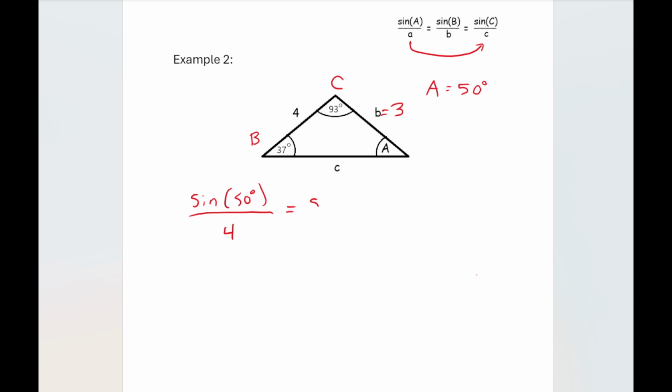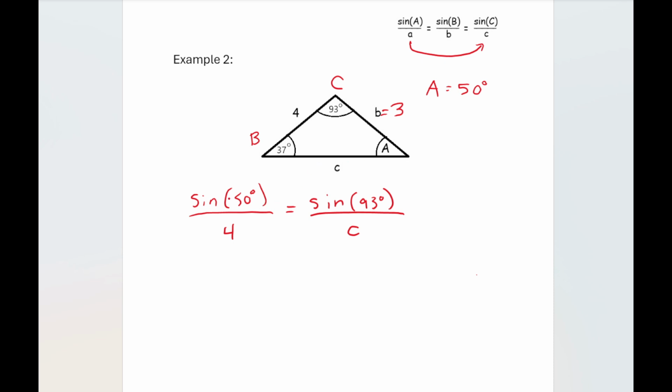And now for our C, we have our sine of 93 degrees for C, and it's going to be divided by our side C, which is our unknown. All right, so this looks just like it did before. And if we wanted to simplify, we can.